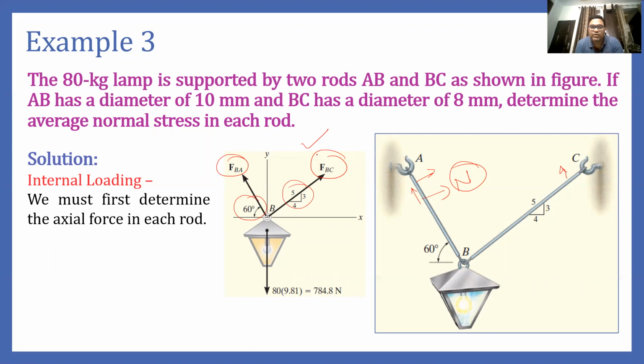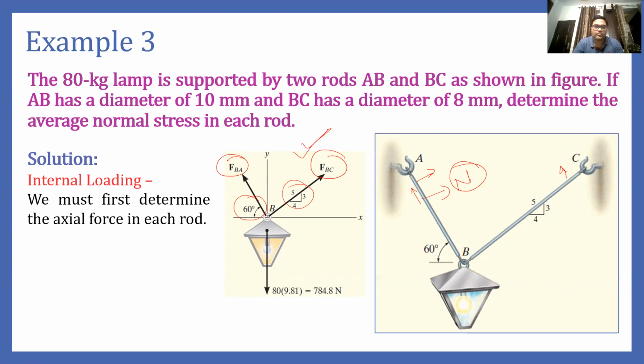As you can see, the whole system is in equilibrium. So we can apply the equations of equilibrium in this system to find out the force in bars BA and BC. Like we applied the method of joints in the analysis of truss, in the same way we can find out the force in members BA and BC by applying the equations of equilibrium.